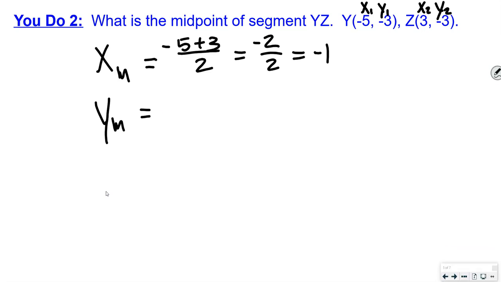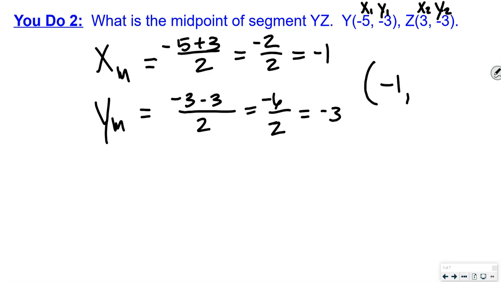And then we're going to do -3, -3, and if I add a negative again, I'm subtracting, right? And remember, if it's the same point, you're going to get the same point, okay? And that's because, obviously, the midpoint between the same point is the same point. So -6 divided by 2 is -3. So here's our midpoint of this one. It's -1, -3.